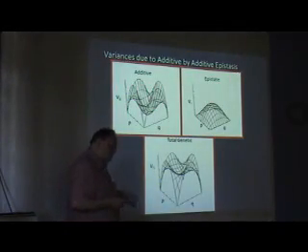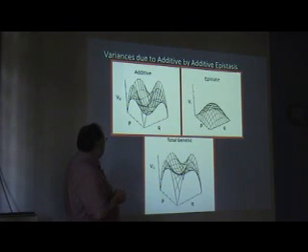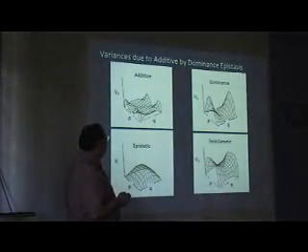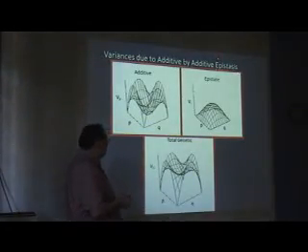Now, as we talked about, epistasis can cause additive variance, dominance variance, and epistatic variance, or interaction variance. So here we have the additive by additive epistasis can produce epistatic variance.